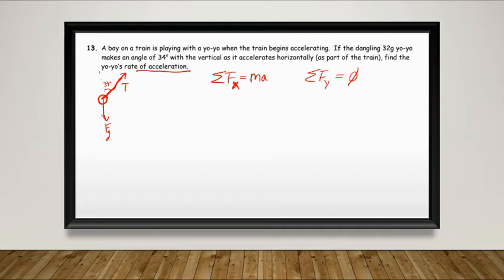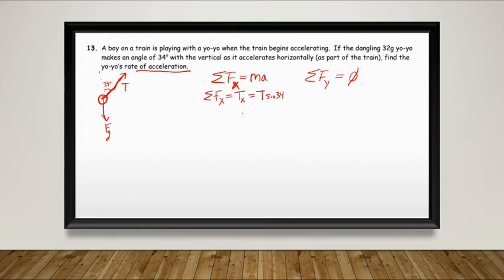It's the side to side. So when we look at our sum of our forces in our x direction, we only have one value in our x direction, and that value is our tension in the x direction. Okay, and that tension in the x direction is going to be tension sine 34.